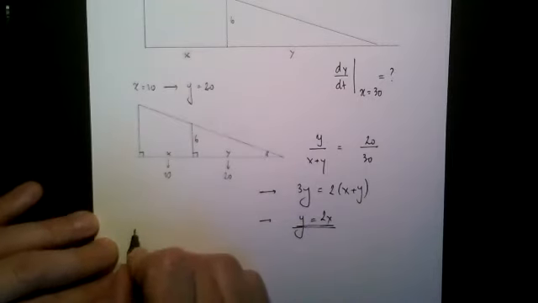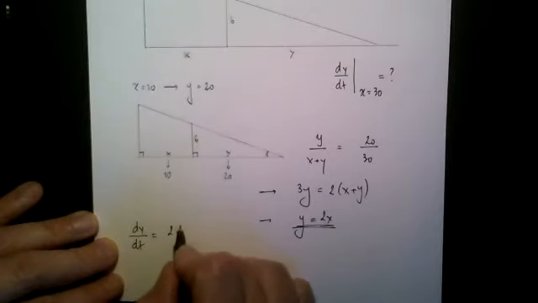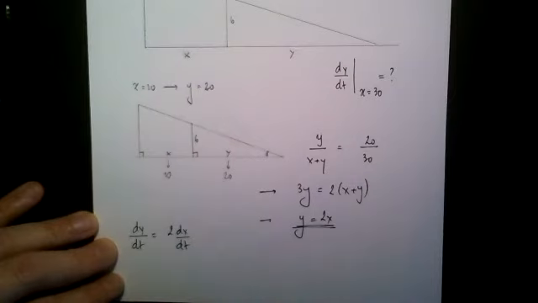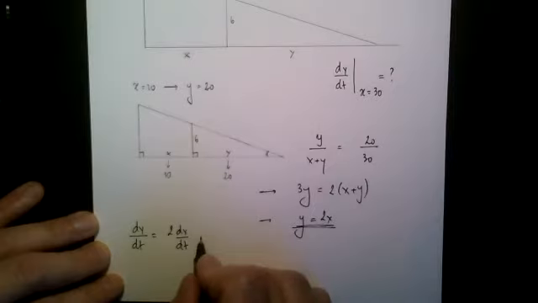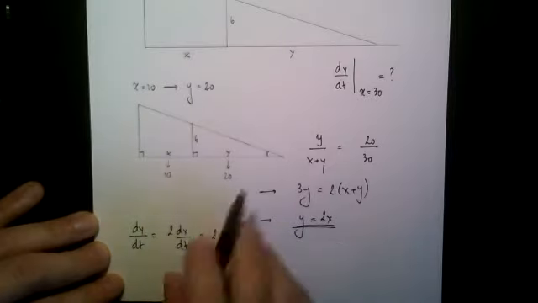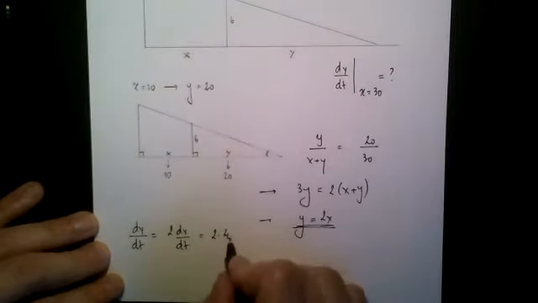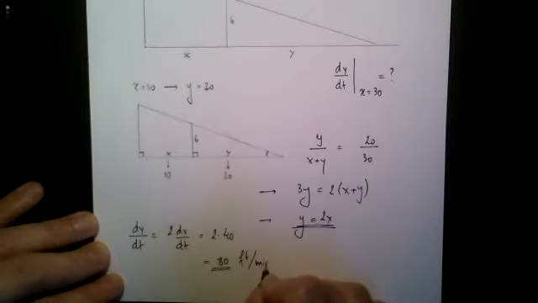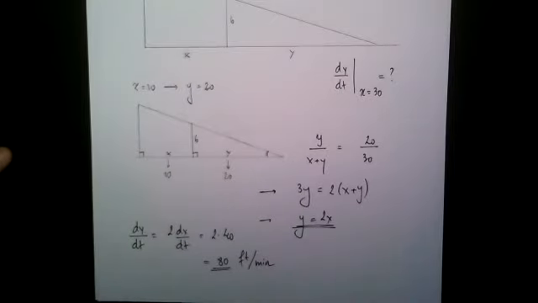So dy/dt is equal to 2 dx/dt. And therefore this is equal to 2 times dx/dt, which is 40. And so my answer will be 80, I guess, feet per minute. That's my answer.